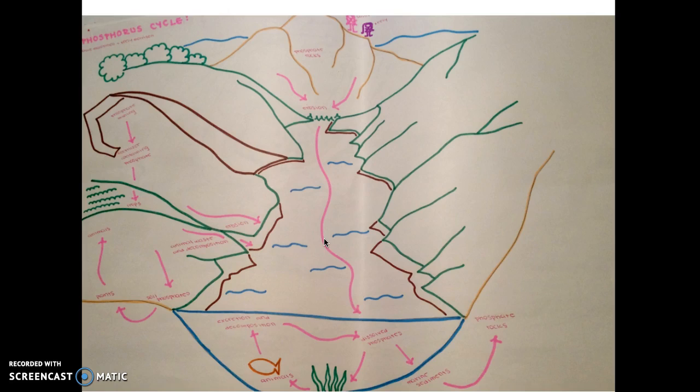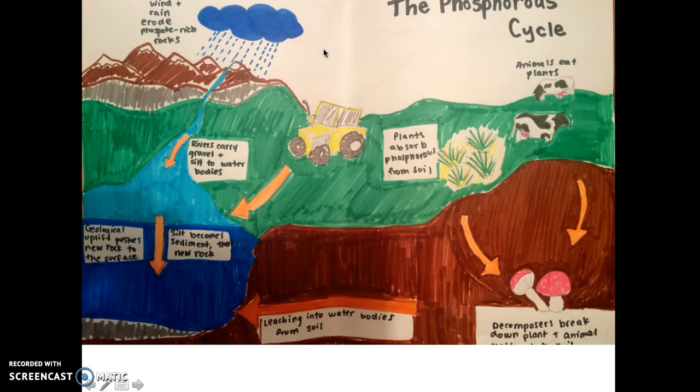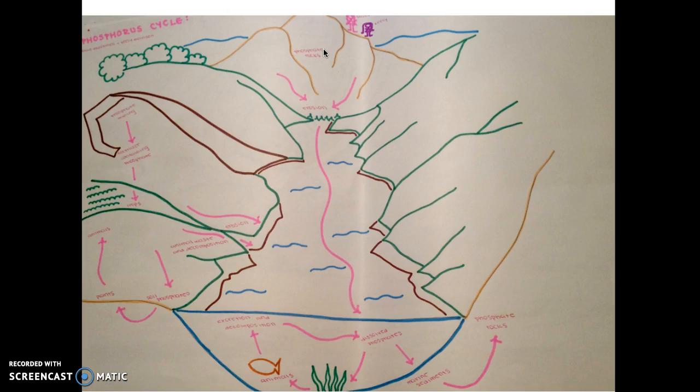Another student's is a simple version, but definitely showing how the phosphorus cycle is really locked. There's no atmospheric component to the phosphorus cycle here, so they did a nice job showing how phosphorus is a nutrient that cycles through ecosystems through the process of weathering and decay of rocks and minerals.